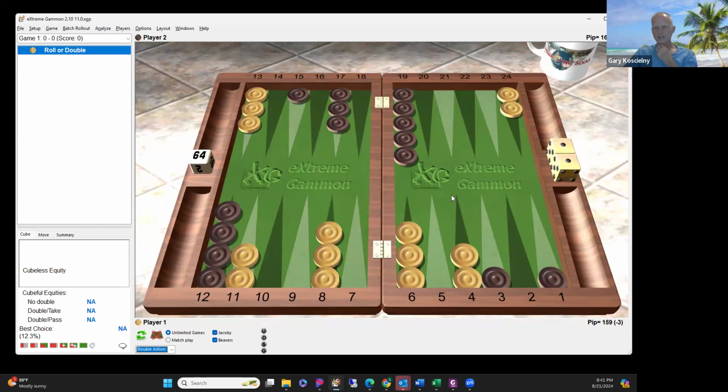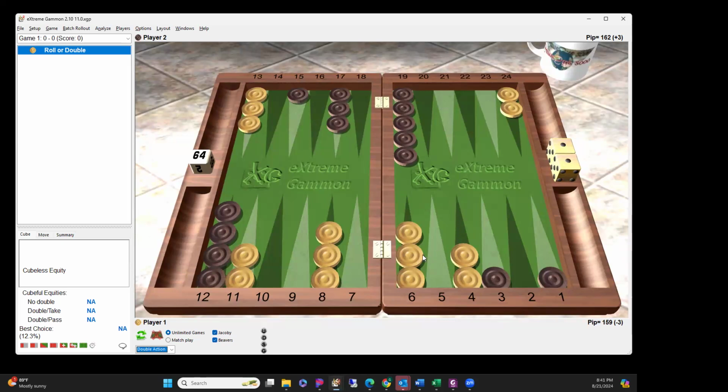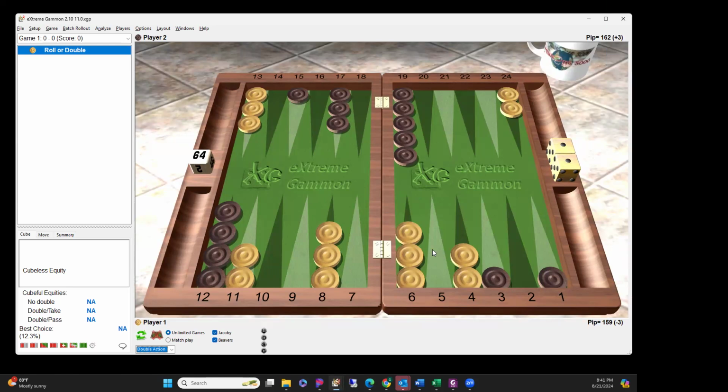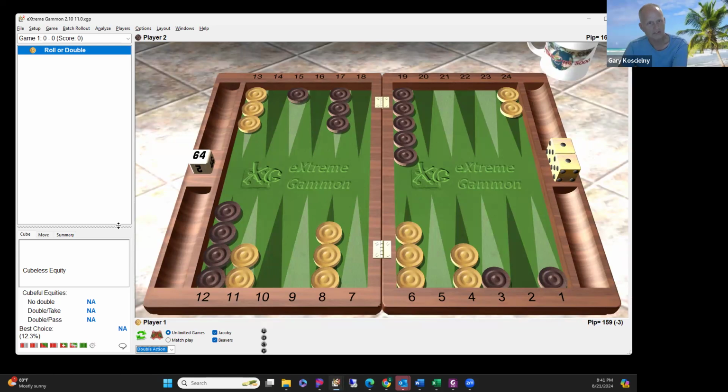You have 5-3, makes a point. There's a blot here we could hit and point on, or just hit loose. When we say threats, these aren't necessarily market losing threats, so they're lesser threats, I would say.